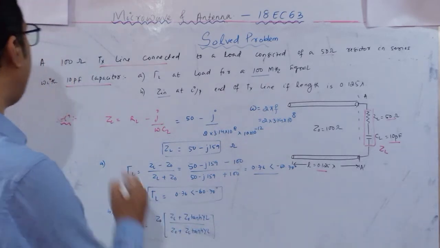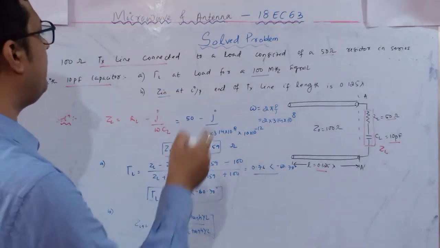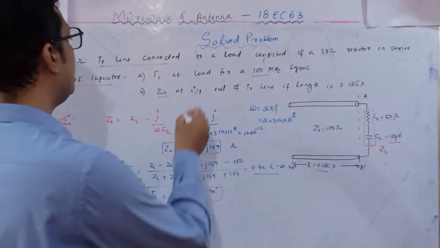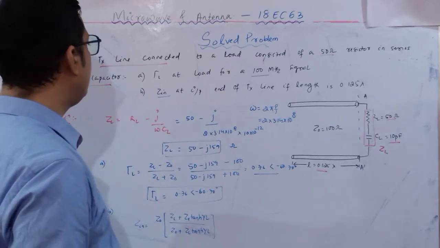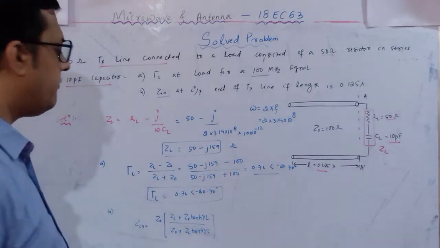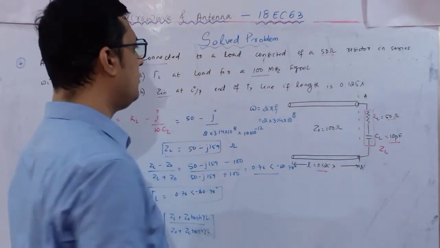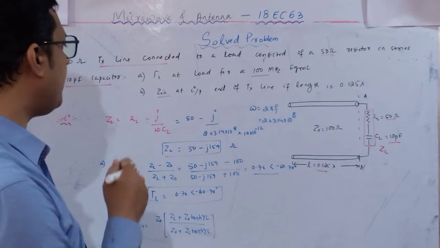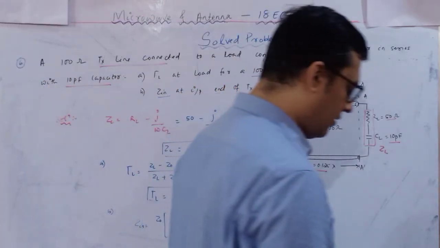Now as it is written, a 100 ohm transmission line is connected with a 50 ohm resistor and so on. We need to identify the gamma value. Length is also known to us. So how to proceed with this?